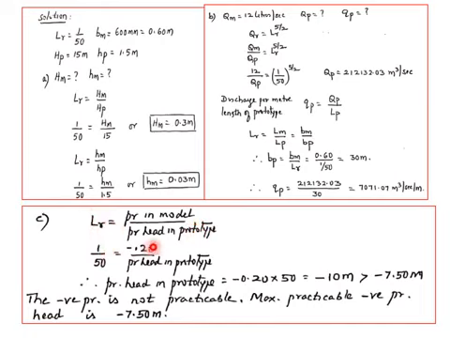So 1:50. Here the negative pressure head is given as 0.2 meters. Therefore we can find out the pressure head in the prototype by using the linear scale ratio, which comes to minus 10 meters, which is not allowed. Actually the permissible is minus 7.5 meters. The maximum practicable negative pressure head can be minus 7.5 meters; anything above that, you know, reaches vapor pressure.